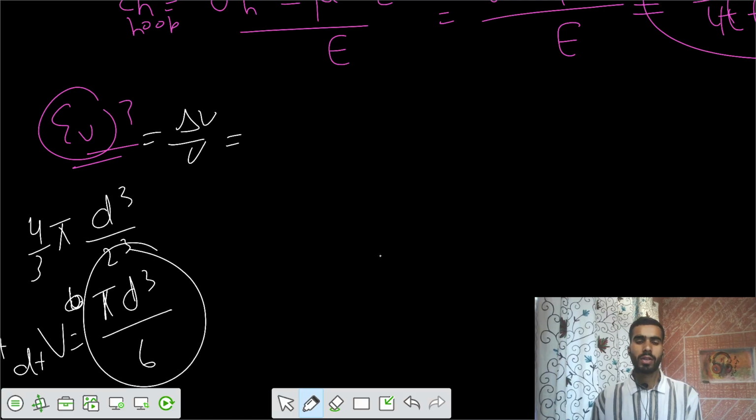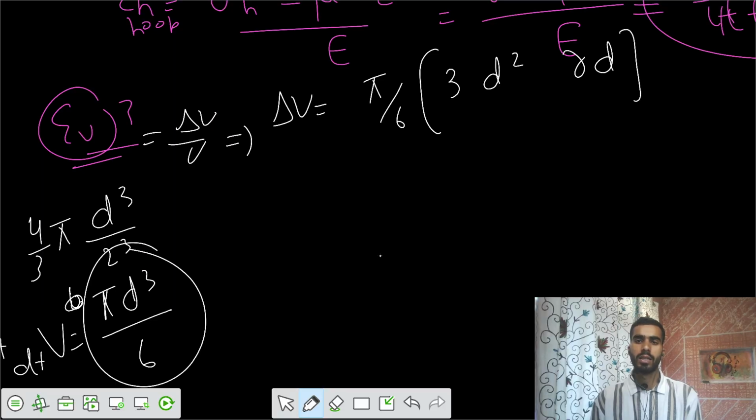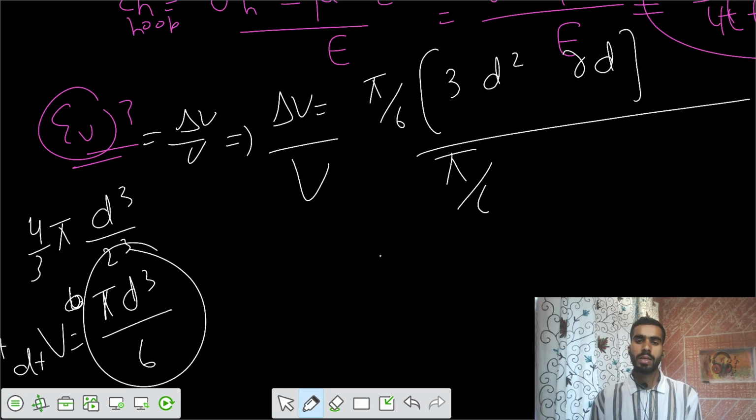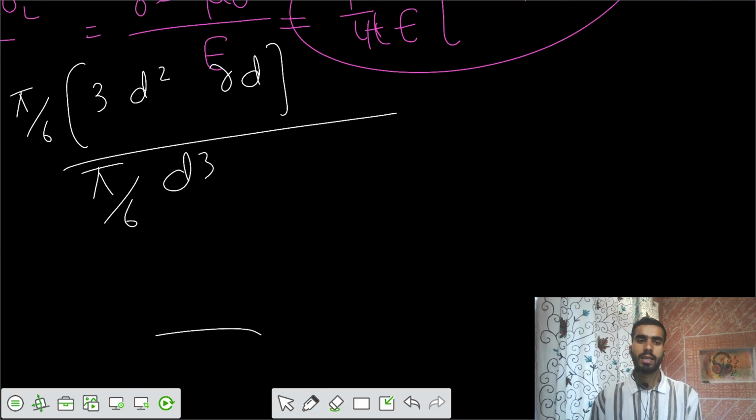The value of delta V is pi by 6 of 3 times d square and dou d. Divided by the volume, pi by 6 of d cube, finally the volumetric strain equals 3 times dou d by d.